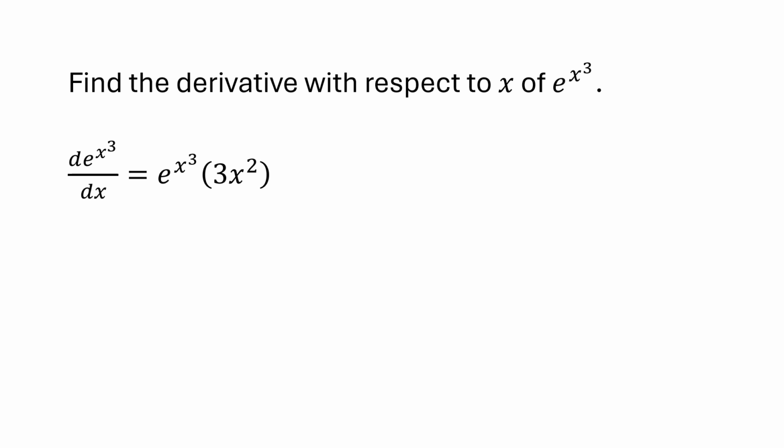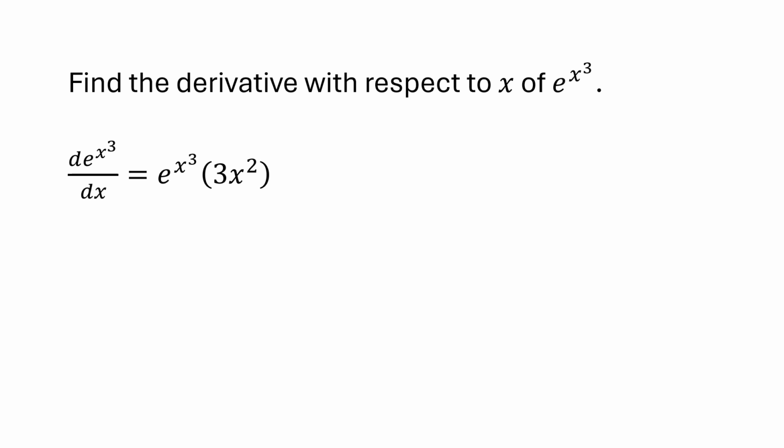Another example from functions that you should be familiar with by the time you get to the chain rule, we're going to take the derivative of e to the x cubed. Now, the first thing is we're going to take the derivative of e to the x cubed with respect to x cubed, and the derivative of e to something is e to the something, so we get e to the x cubed.